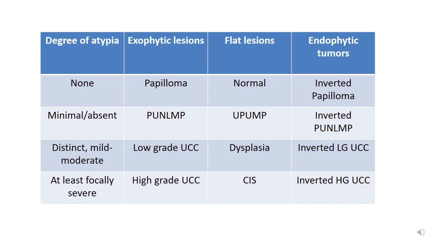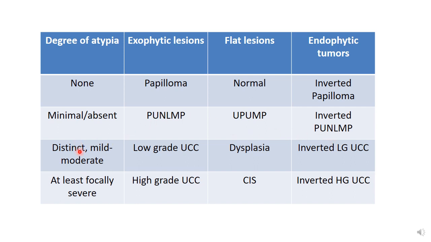So here is a side-by-side analogy of all these different architectural variations of tumors in terms of degree of atypia. If you have no atypia, the papillary counterpart will be papilloma, the flat counterpart would be normal, and the endophytic would be inverted papilloma. If your atypia is minimal or absent, the papillary counterpart would be PUNLMP, the flat counterpart would be urothelial hyperplasia, and the endophytic counterpart would be inverted PUNLMP.